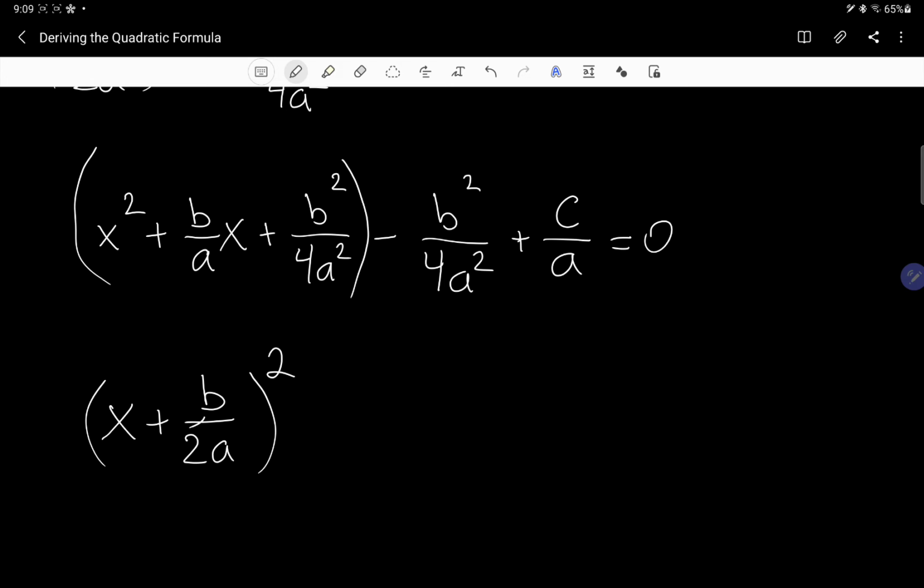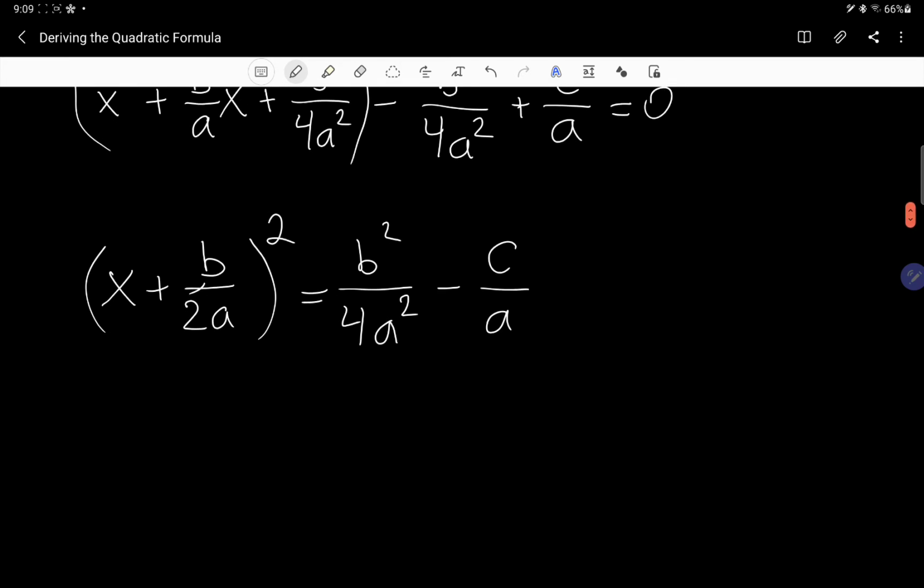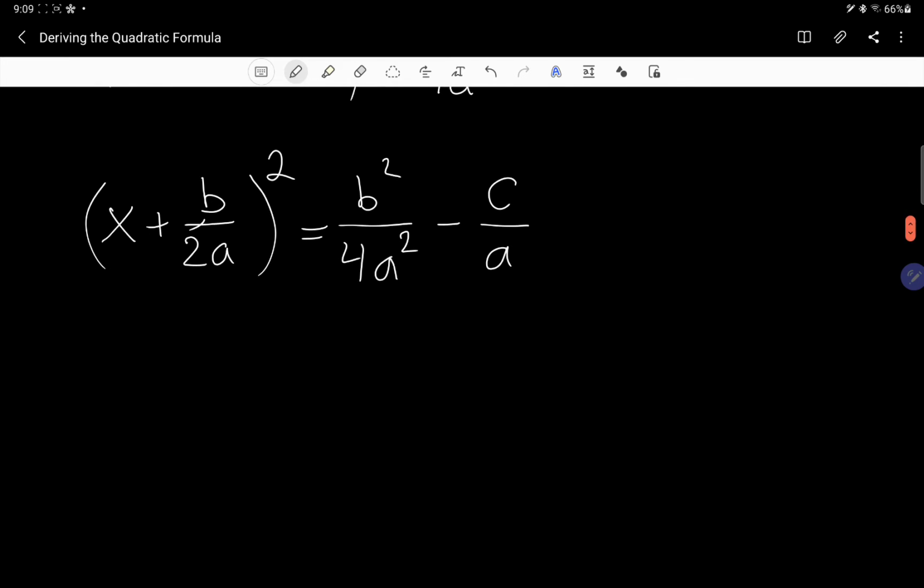Okay, and then I'm actually going to move these two terms right here to the other side. So this one's going to become positive, this one's going to become negative. So this equals positive b squared over 4a squared, and then minus c over a. Okay, so if we square root both sides, that'll get rid of the square.